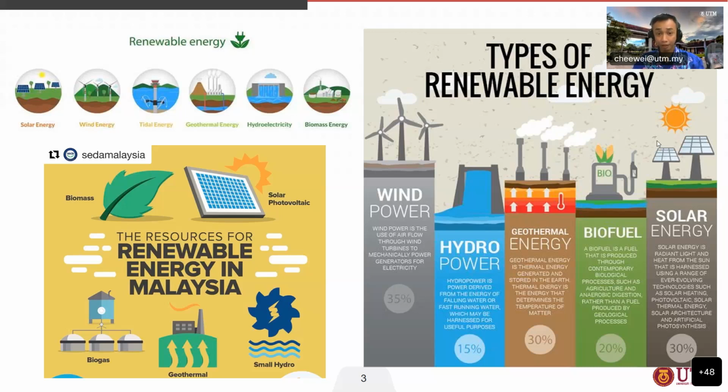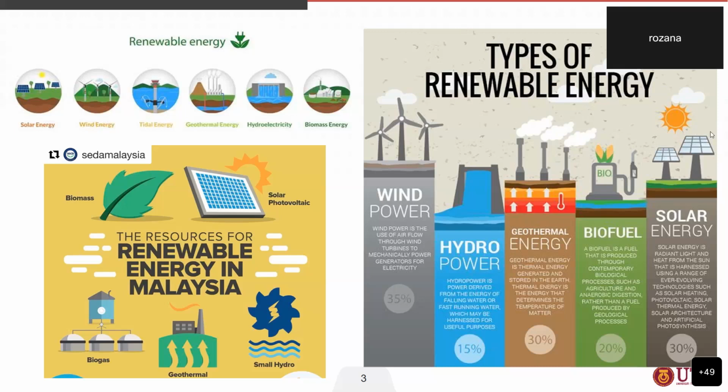Okay. Can we find wind power in Malaysia? Anyone? No, Rosanna said. What is the reason? Not enough wind, maybe. What do you mean by not enough wind?